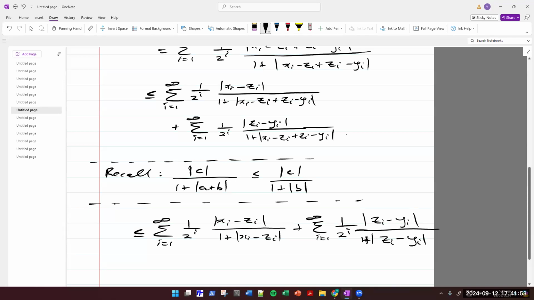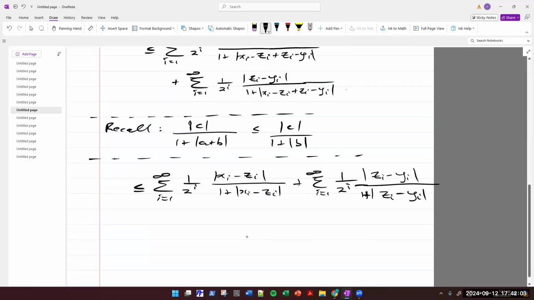Of course, what I have in the denominator is the negative of it, but you could pull the minus sign out. And this thing is just equal to d of x, z plus d of z, y. So that's triangle inequality.